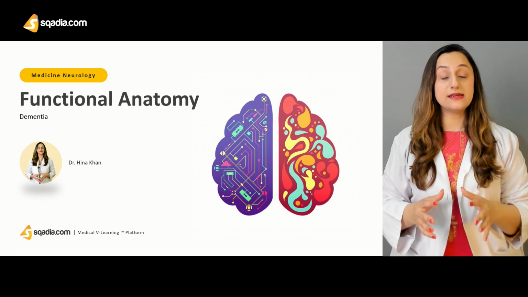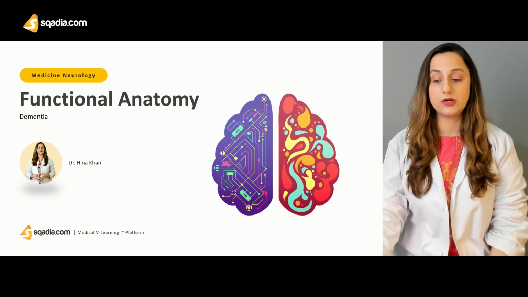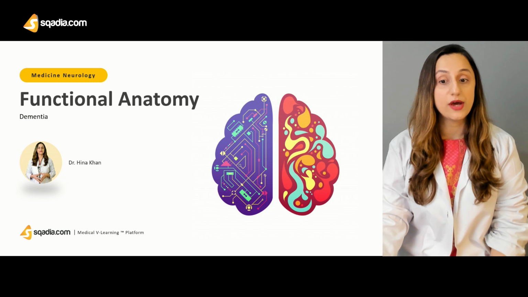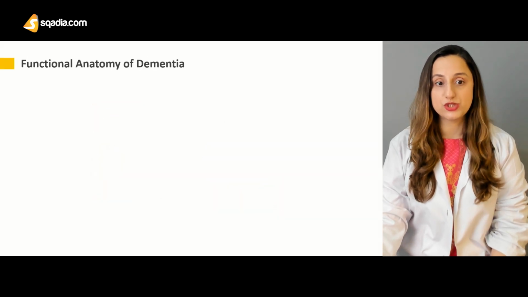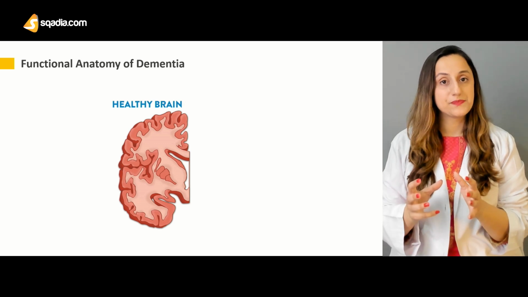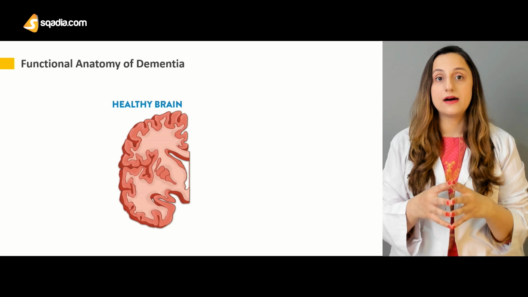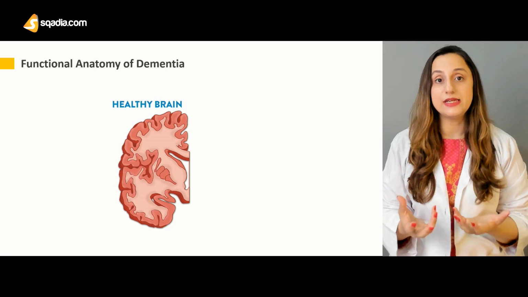Now, there are functional organizations that you must remember when you're looking at the cerebral cortex in an individual, and you must know that each gyrus has a functionality of its own.